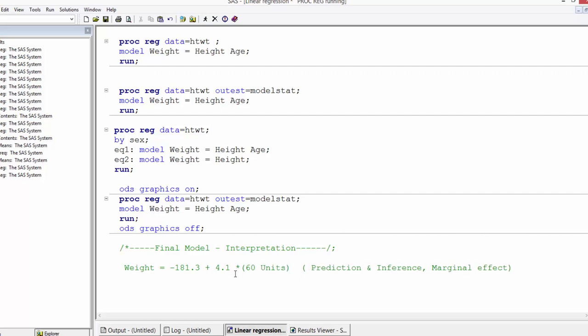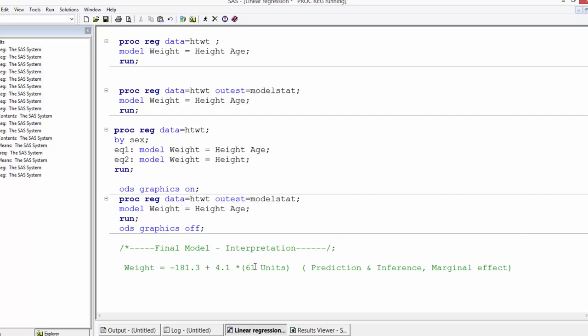So you multiply 60 by 4, which is 240, and then minus 180. That comes out to be 59. So the weight of the individual is 59 if his height is 60 units. Now what is the impact when we increase that to 61?